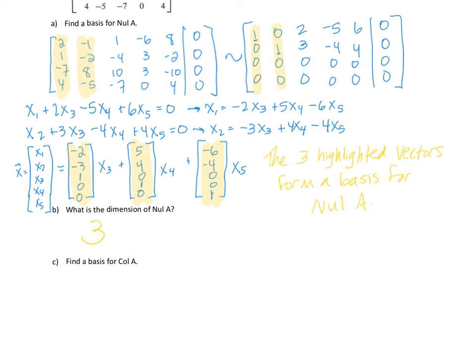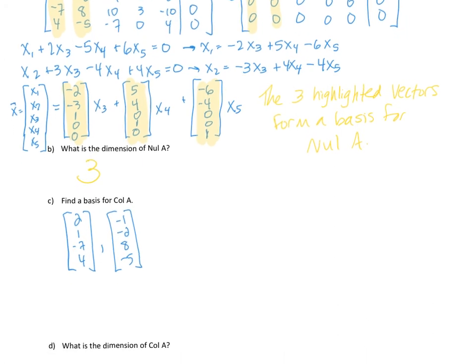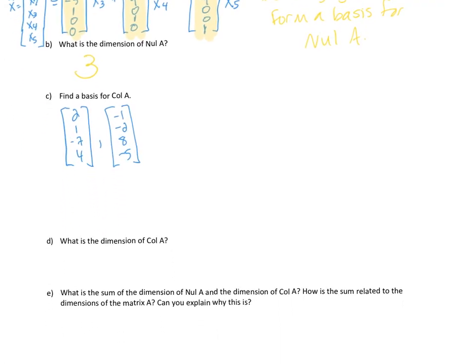Those 2 vectors form a basis for col A, which means the dimension of col A would have to be 2. There are 2 vectors in the basis, so the dimension is 2.